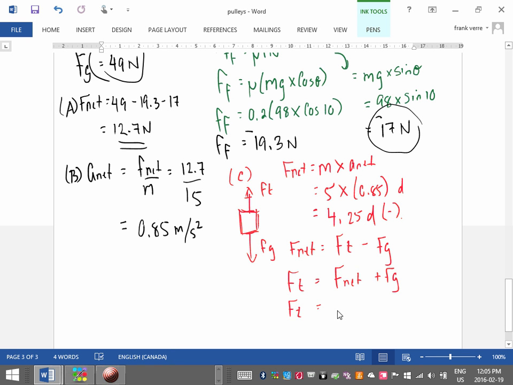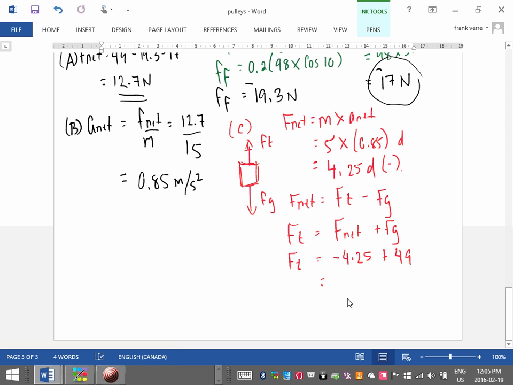Now, the net force is negative 4.25. The weight is positive because we subtracted it. The weight was 49. So the tension is 44.75.